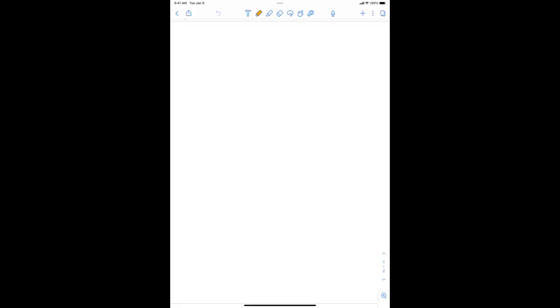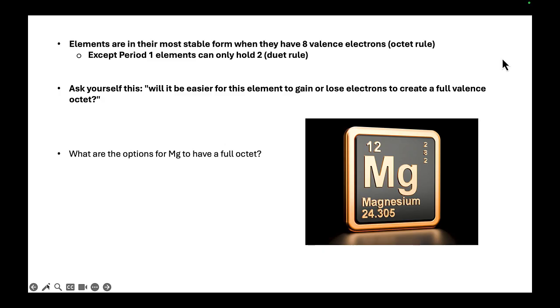When we go to draw the electron-dot structure for magnesium, you'll have that elemental symbol, so Mg is the symbol for magnesium, and then we can draw in those valence electrons. Because it's in group 2, it has 2 valence electrons, and so we'll go ahead and do 1 and 2, keeping in mind that we don't pair these up until we have 1 on each side by itself.